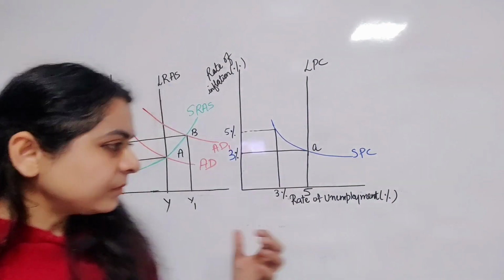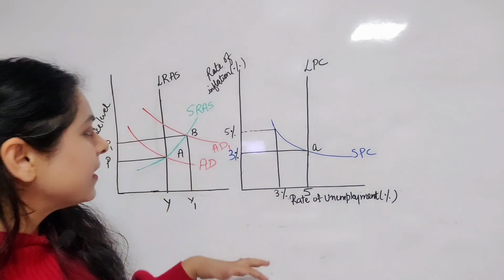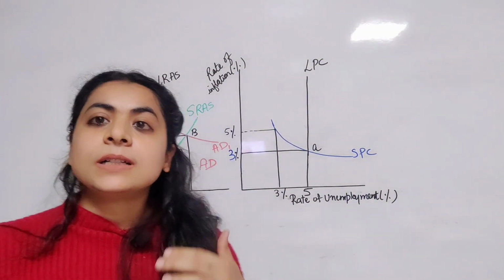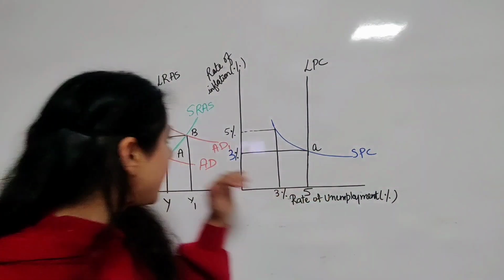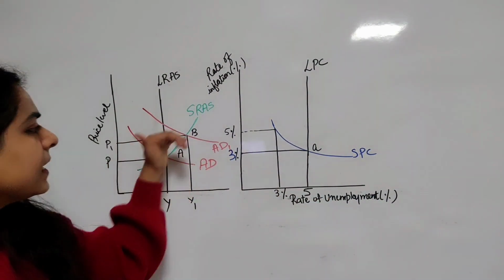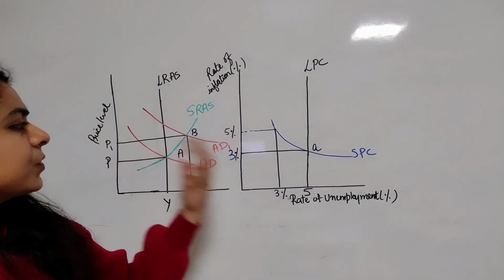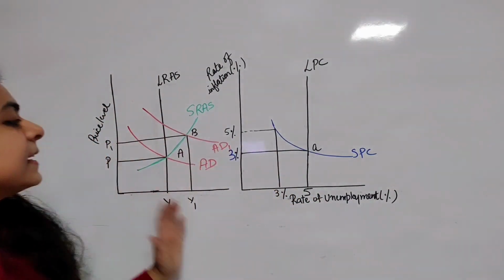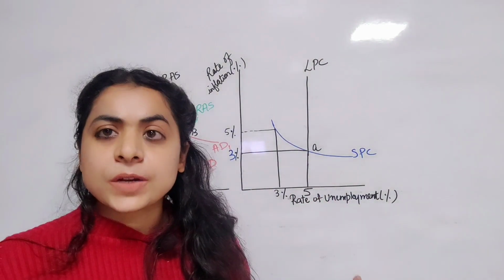But in the long run, the workers will realize that there is a fall in their real wages, and therefore they will start asking for a higher wage rate. So in the short-run Phillips curve, we have seen that because of an increase in aggregate demand, there is an increase in price level and inflation, and more workers are employed, which leads to a fall in the unemployment rate.